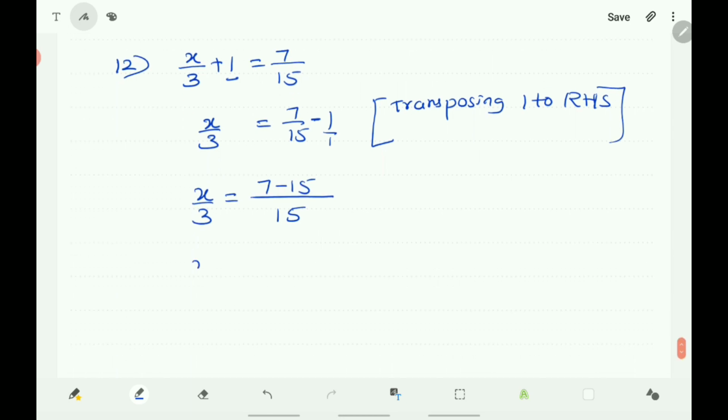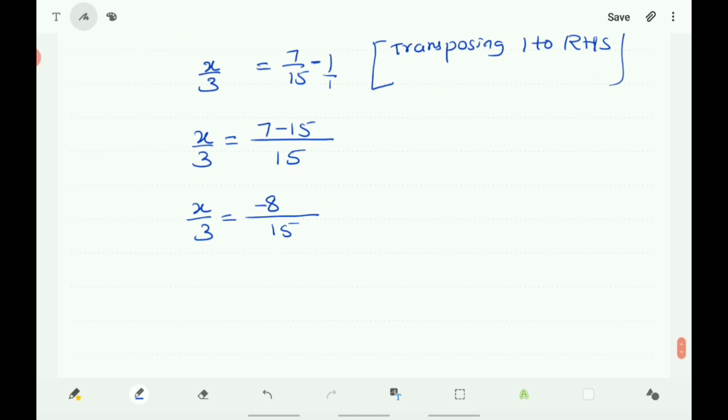Next it becomes x by 3 is equals to, the denominator is 15. Then 15 minus 7 is 8. Here the greater number is 15. Greater number is having negative sign. So it is minus 8.